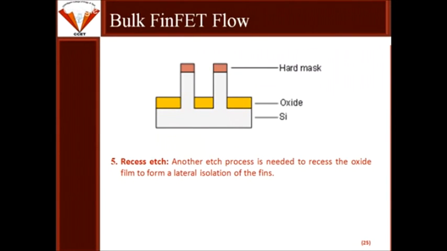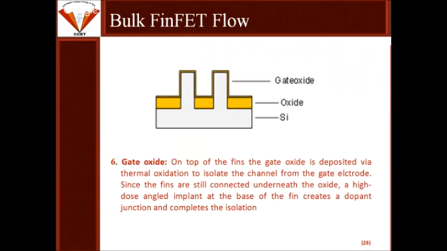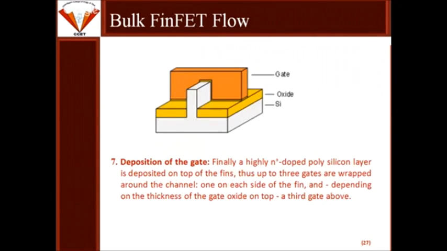If that hard mask is still there, or if you remove it and deposit silicon nitride over it, and then this process is continued, then the top surface will be isolated, and the top surface will not provide any gate controlling action. So that will be a 2D FinFET. And if the top surface is also included, is also providing the controlling behavior, then this is basically a tri-gate.